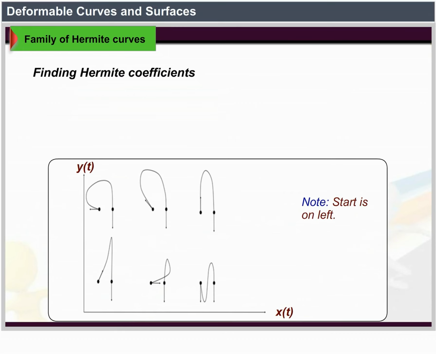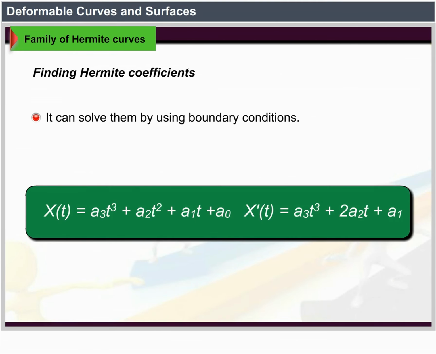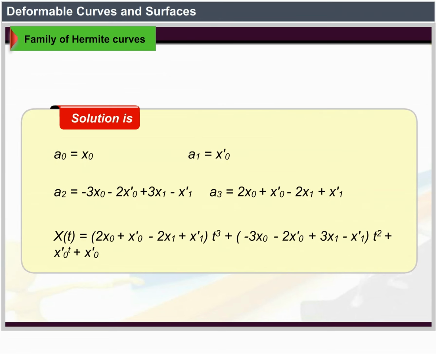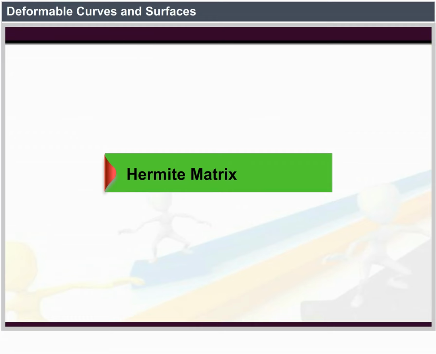Finding Hermite coefficients. We can solve them by using the boundary conditions x of t equals a3t cubed plus a2t squared plus a1t plus a0, and x dash t equals 3a3t squared plus 2a2t plus a1. This problem can be solved by the solution now seen on screen. Hermite matrix.